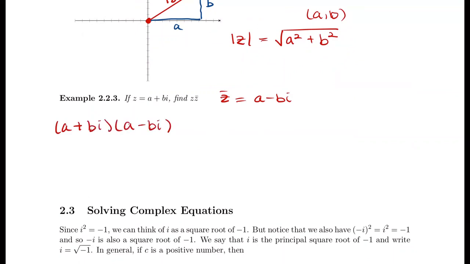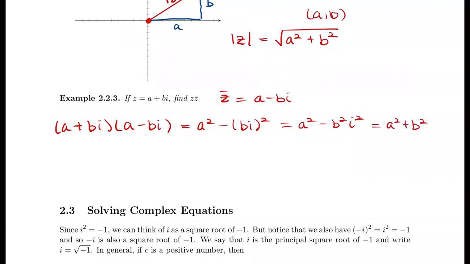Now we also have a difference of squares here. So we would just have a squared minus bi squared, which is also the same as a squared minus b squared times i squared. But since i squared is negative 1, this is also the same as a squared plus b squared.